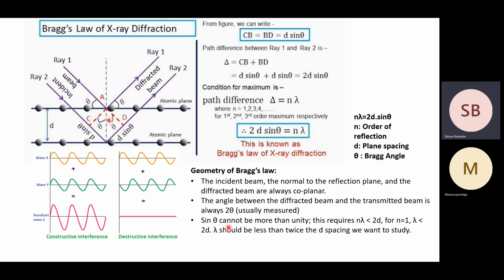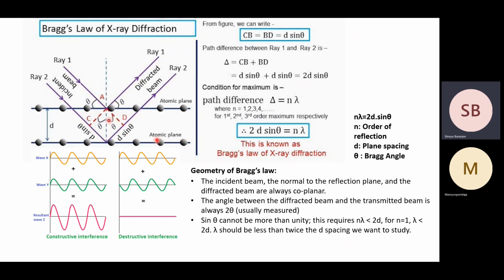Now, you know that sine theta cannot be more than unity. So the maximum value of this is 1. Generally, it will be less than 1. And so n lambda will be less than 2d. And if n is 1, lambda is less than 2d. So we should choose the wavelength of the characteristic X-ray in such a way that the wavelength is less than twice the distance between the crystal planes.